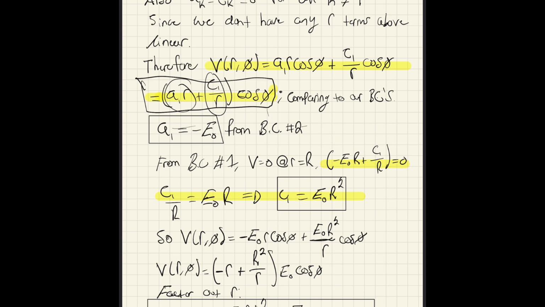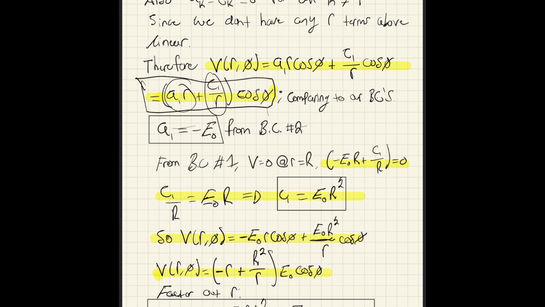So then, given those two coefficients, we have our potential. Just plugging everything in, the potential at r and phi is minus E naught r cosine phi plus E naught R squared divided by little r cosine phi. Then factoring out E naught cosine phi, you can rewrite it like this.